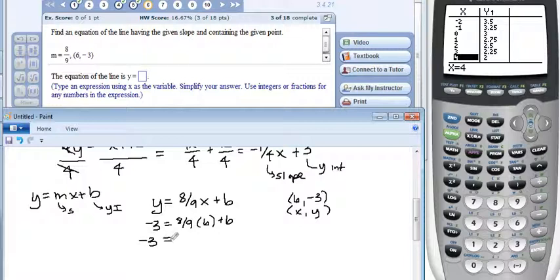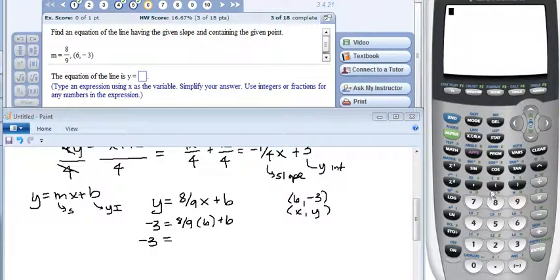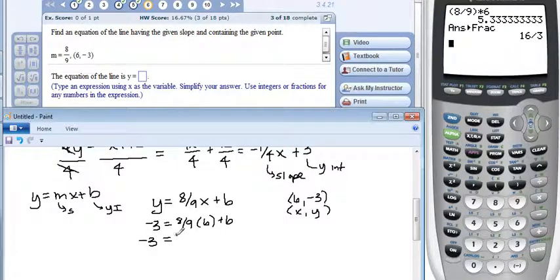So 8/9 of 6, if you don't like doing fractions by hand, times 6. Math, enter, enter. We've got 16/3. Then we would subtract the 16/3 across both sides. 16/3 minus 16/3 is gone, so all we have left is the b on this side.